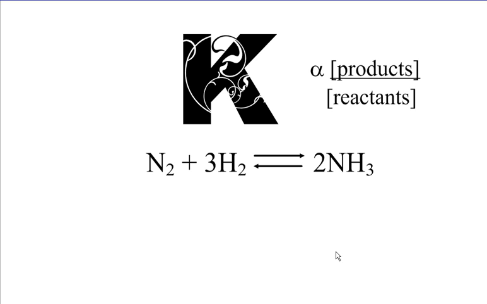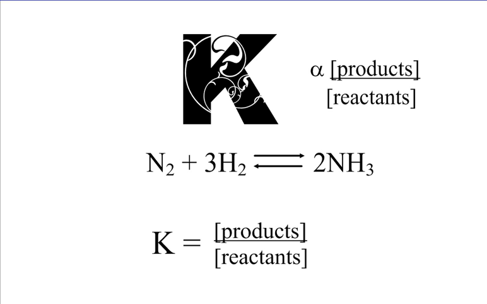A mass action expression, or the equilibrium constant expression, can be written by taking the stoichiometric values for a balanced equation and raising the concentrations to each of those values. What does that mean? It means if it's a coefficient, it becomes an exponent, and it's going to be products over reactants.